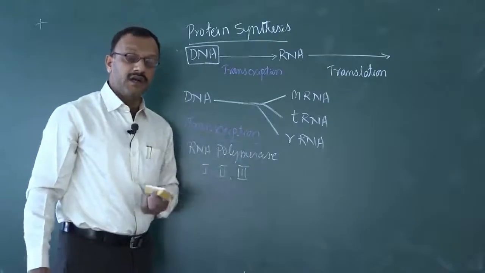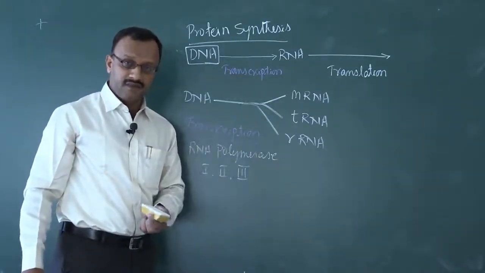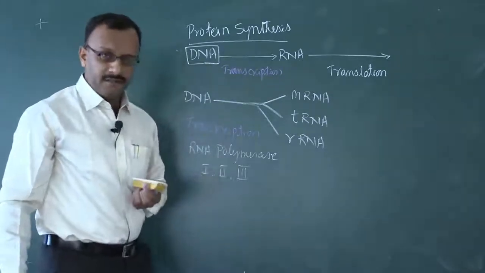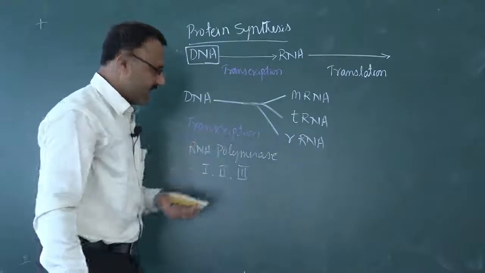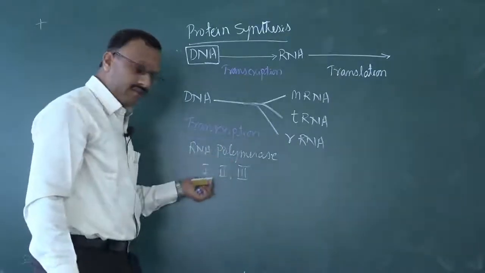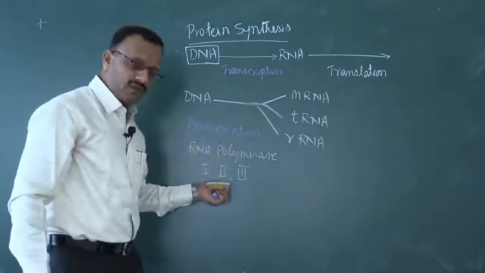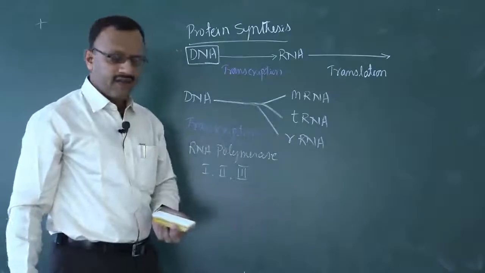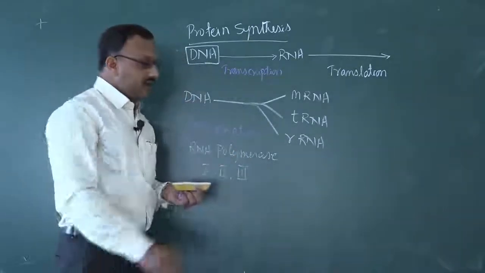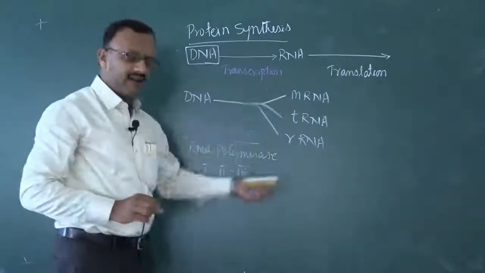They are commonly called DNA dependent RNA polymerase enzymes, which transcribe the three forms of RNA. As we have three forms of RNA polymerase enzyme, RNA polymerase 1 synthesizes one form of RNA, RNA polymerase 2 synthesizes one more form of RNA. Like that, all three forms of RNA polymerase enzyme are involved in the transcription of three forms of RNA.